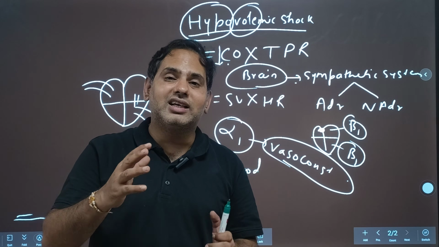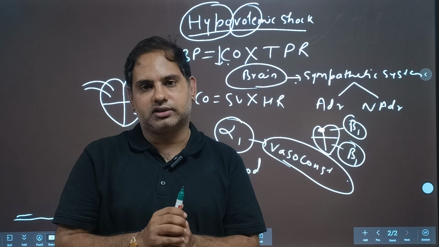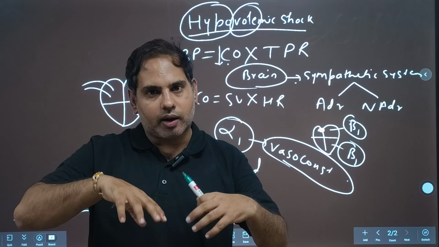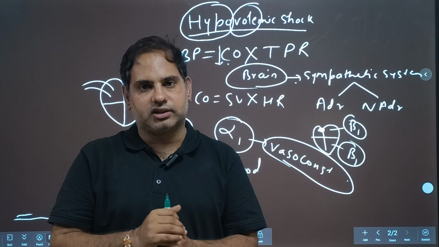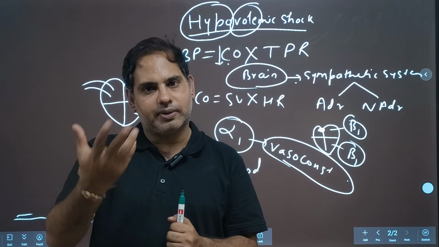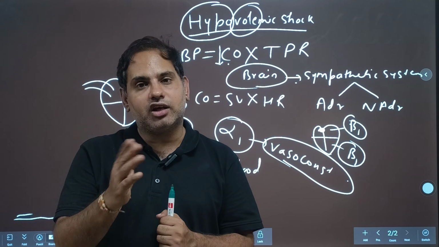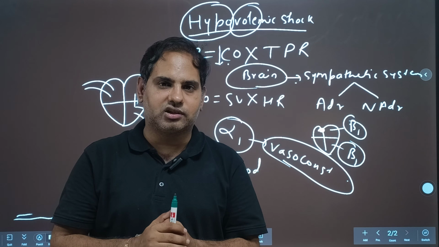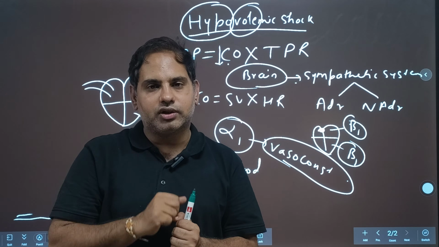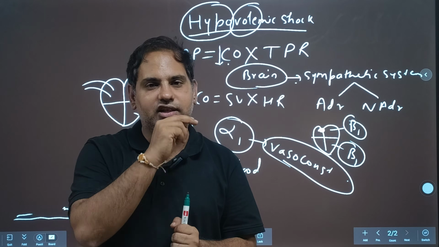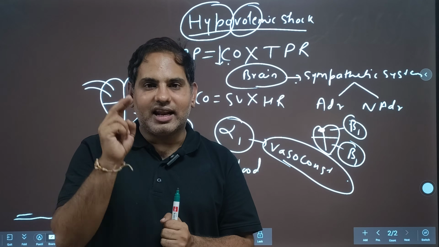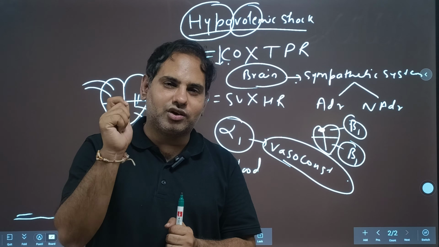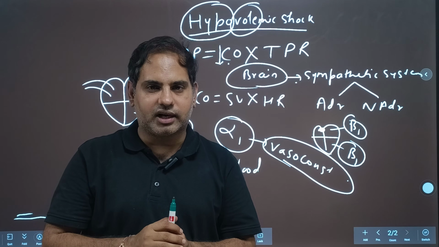The compensatory mechanism is unable to maintain your blood pressure. And as I said, if someone asks how your compensatory mechanism is maintaining your blood pressure: one mechanism is activation of the sympathetic system. Another is that renal blood flow is going to decrease, leading to activation of the renin-angiotensin-aldosterone system. In this system, angiotensin 2 is a powerful stimulator of the sympathetic system.